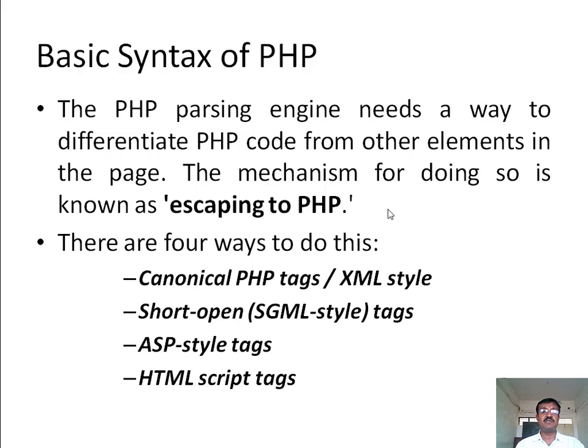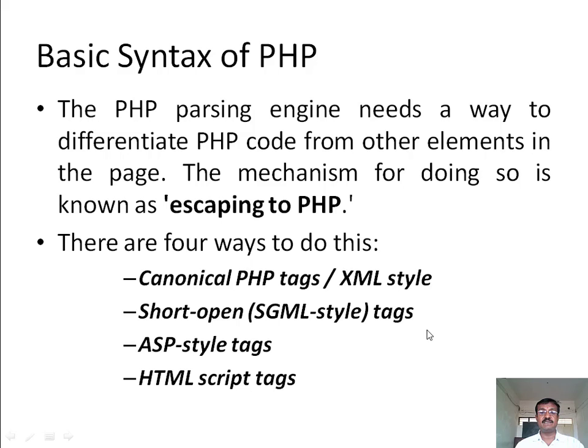So there must be a mechanism to make out that a certain part of the code is PHP code. That mechanism is known as escaping to PHP. There are different ways to escape to PHP: canonical PHP tags, that is the XML style, short open tags, that is the SGML style, ASP style tags, and HTML script tags.